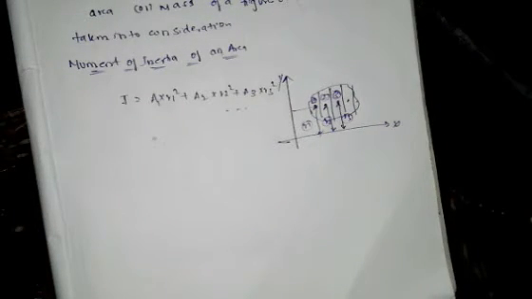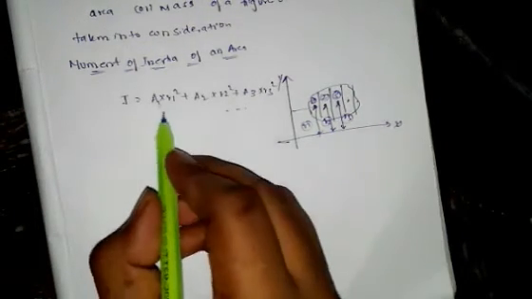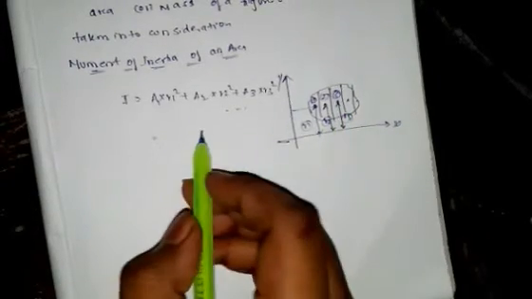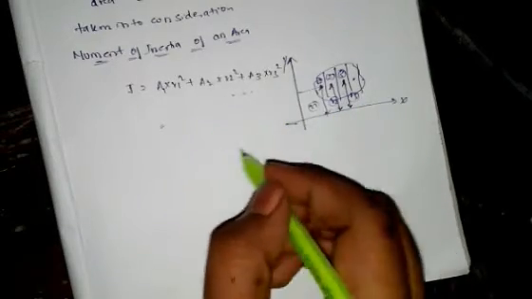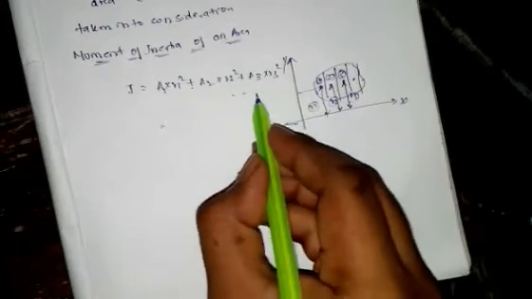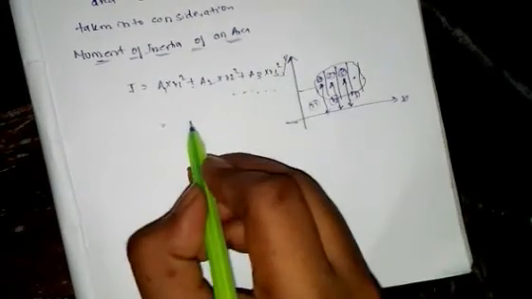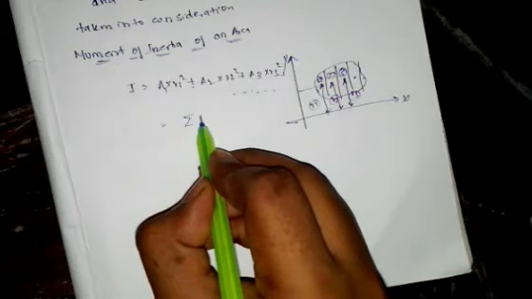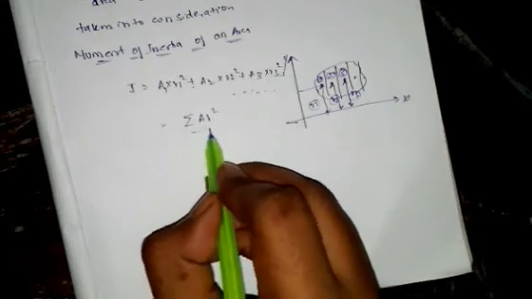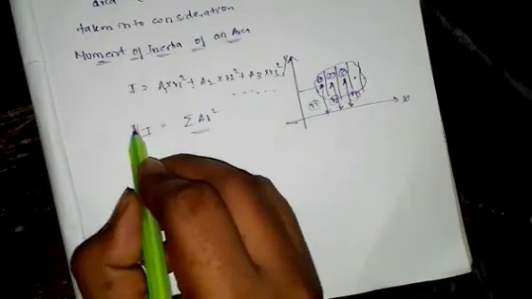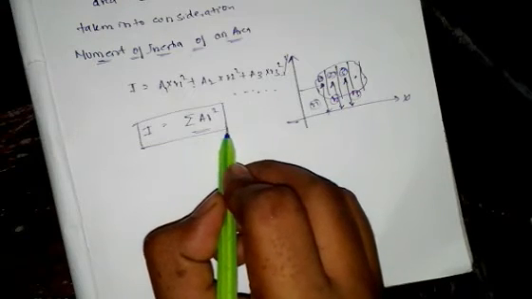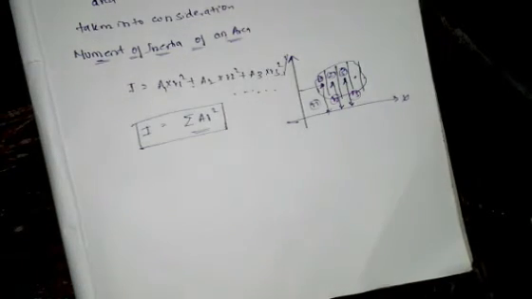If we divide the body into a number of parts, we can write the summation of a into r square. This is called the moment of inertia of an object or a figure in a plane.